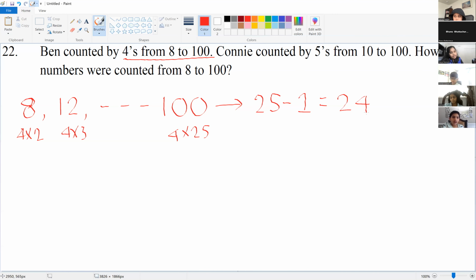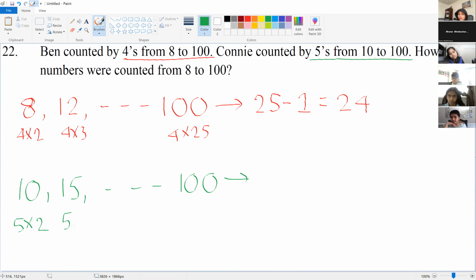Okay, next. And then the other one, multiples of 5 starting from 10. Which is how many? 19. So 5 times 20, which is again 20 total, but he did not count 5. So you must subtract 1.